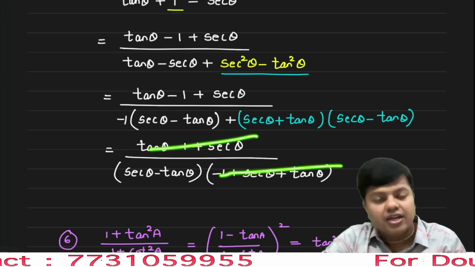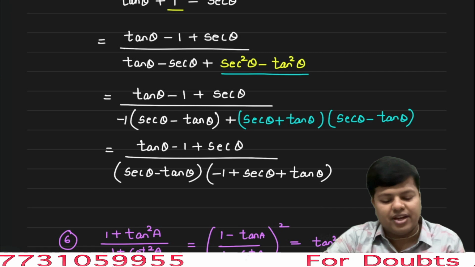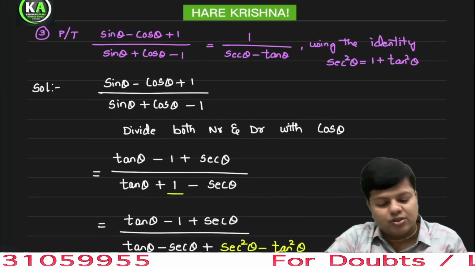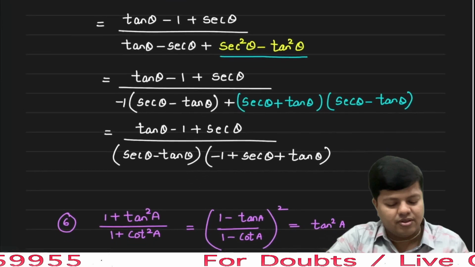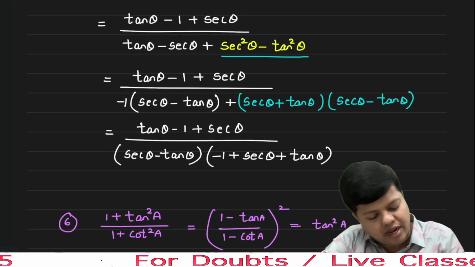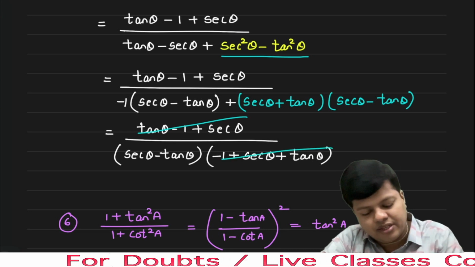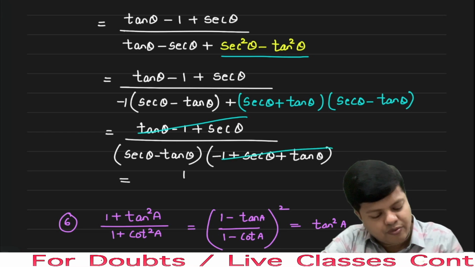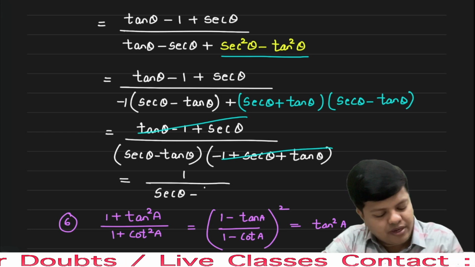This and this get cancelled, and this is the answer, 1 by secant theta minus tan theta. Okay, so now I'll cancel this and this same. So what will be the answer, is equal to 1 by secant theta minus tan theta.